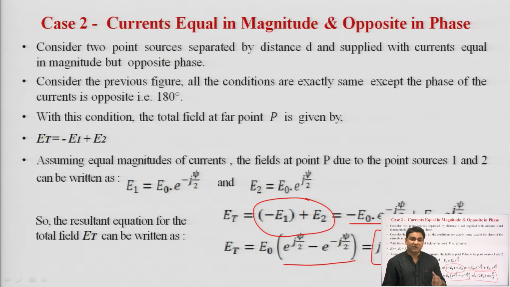How can this result be implemented to get the different directions of the radiation pattern, the principal pattern?